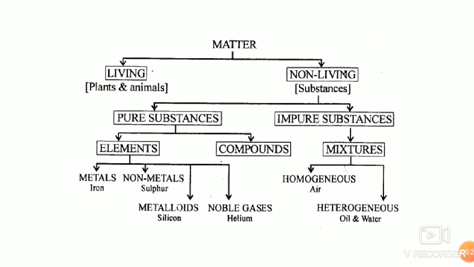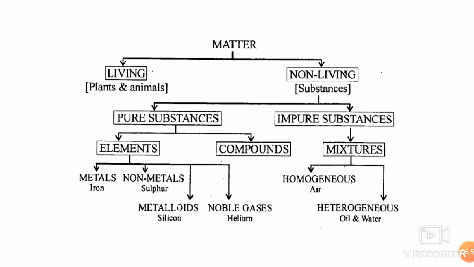Non-living part of matter, how do we categorize? We categorize them as pure substances and mixtures. These mixtures are also known as impure substances. Whether we call it impure substance or mixture, it means the same. Further, pure substances are divided into two categories, elements and compounds.